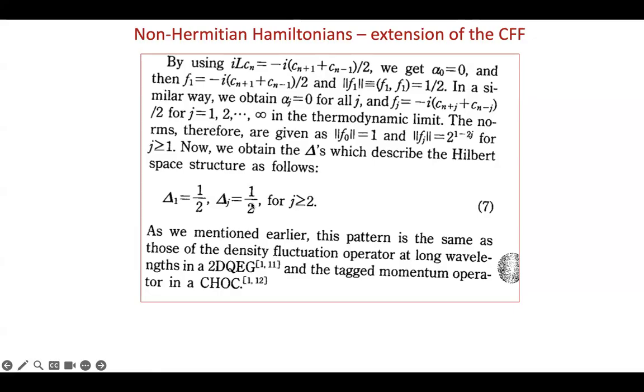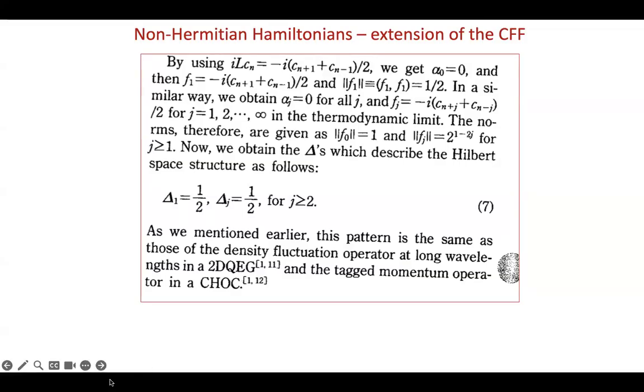We have seen that before. We have seen something very similar for harmonic oscillator chains. We have seen something similar for the XY problem. So he talks about that here. There's something similar also happening for the two-dimensional electron gas.